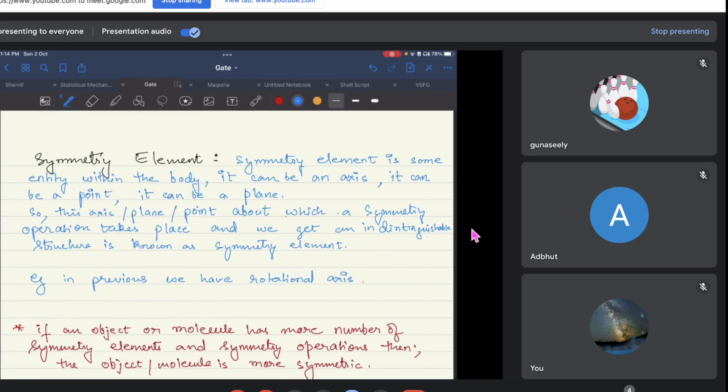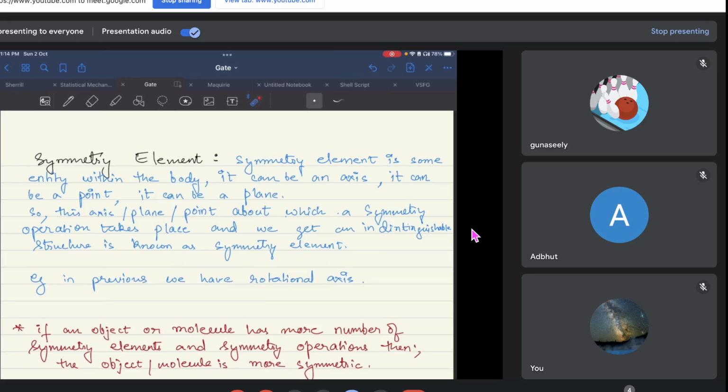So the symmetry element is some entity within the body. It can be an axis, okay, it can be a point, it can be a plane. So this axis, plane or point about which a symmetry operation takes place and we get an indistinguishable structure is known as the symmetry element.